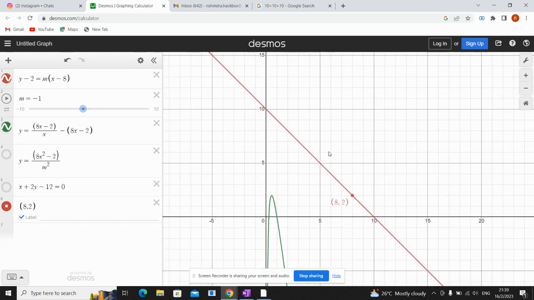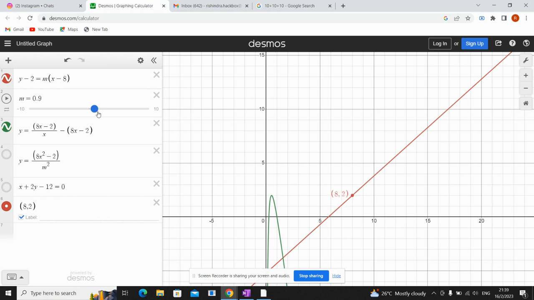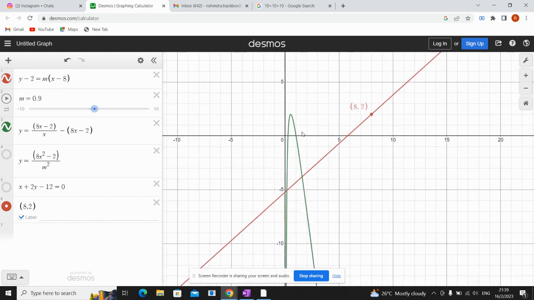Let's confirm it another time by changing the slope to some positive value. We don't have to consider positive slopes because the question specifically asks for the minimum sum of the intercepts at negative slope, but let's see.